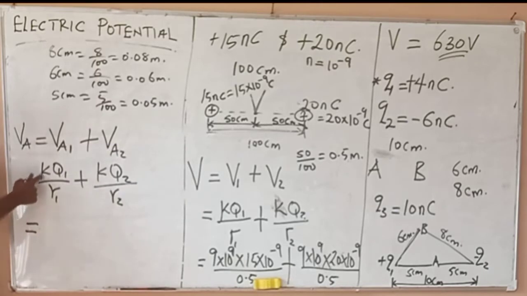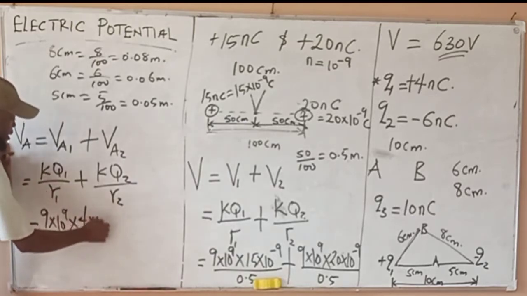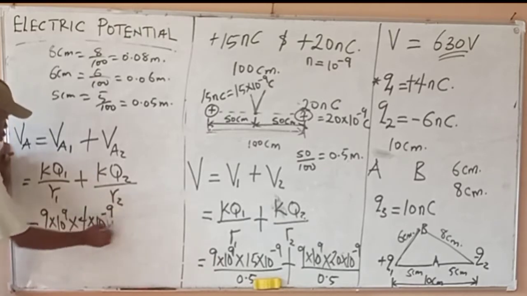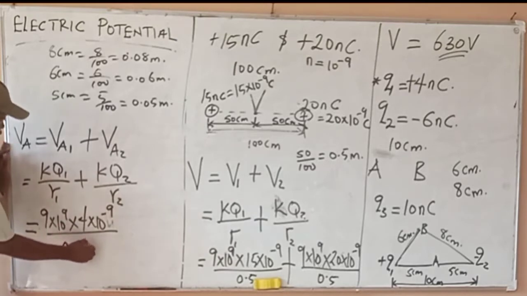So k is 9 times 10 to the power 9, times Q1, which is 4 times 10 to the power minus 9 (nano), over R, which is 0.05.